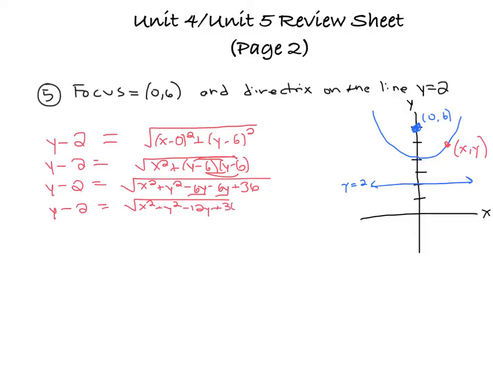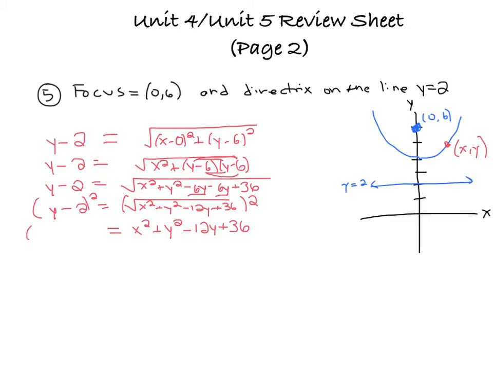Now that we have that, in order to get rid of the radical on the right-hand side of the equation, we just square both sides, because remember, a square and a radical cancel each other out. On the right, we're left with x squared plus y squared minus 12y plus 36, because that square canceled off the radical.